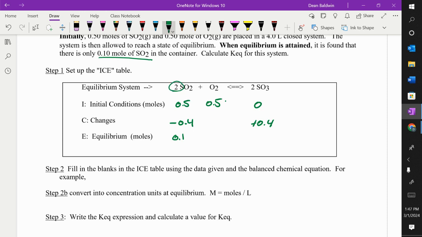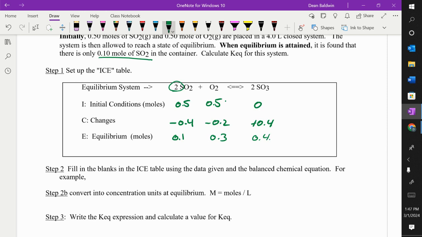For every 2 moles of SO2, we use 1 mole of oxygen. So if we use 0.4, we use half of that, so we lose 0.2. So at equilibrium, how many moles of oxygen are there? 0.3. And sulfur trioxide, we have 0.4.